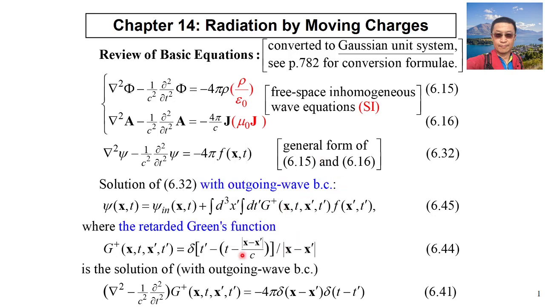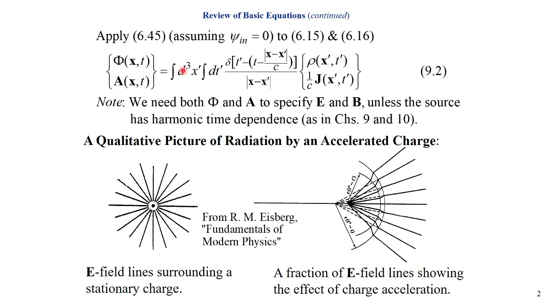Now we are going to use the retarded Green's function. And this time we have only one charge. Okay, we can simplify the equation a lot. The charge distribution and current distribution will be easy because there is one charge.